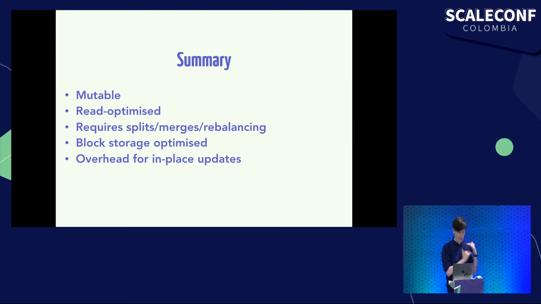First of all, they are mutable, and they allow for in-place updates by introducing some space overhead and a more involved write path. Second of all, they are read-optimized, so they do not require reading from and subsequently merging data from multiple sources like LSM trees did, which simplifies the read path significantly.